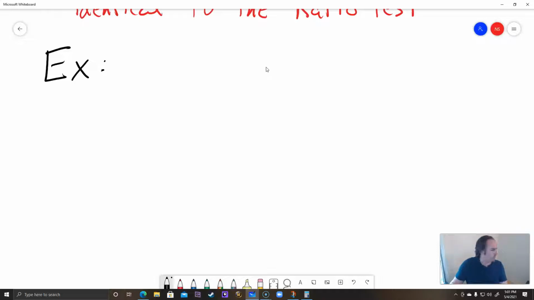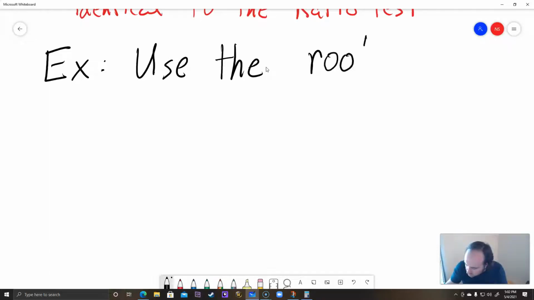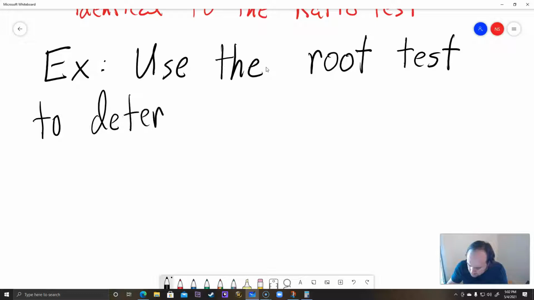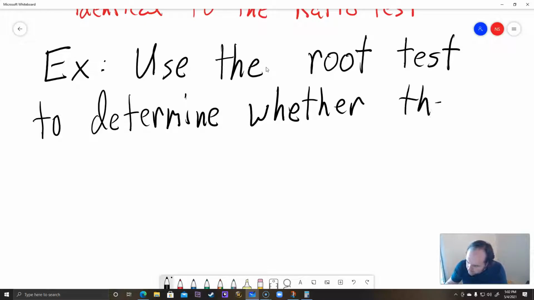Okay, so example: use the root test to determine whether the series converges or diverges.